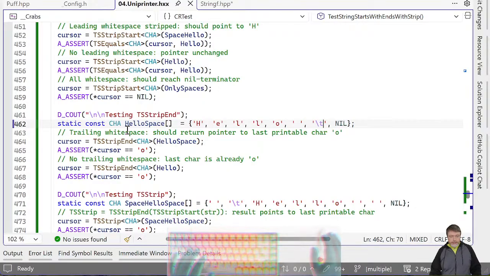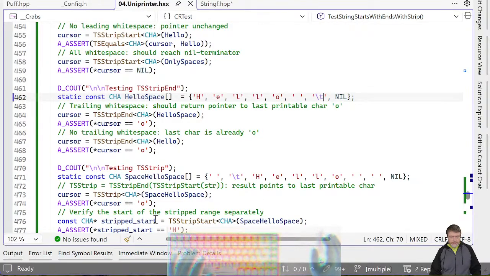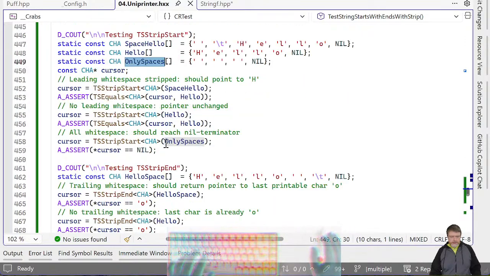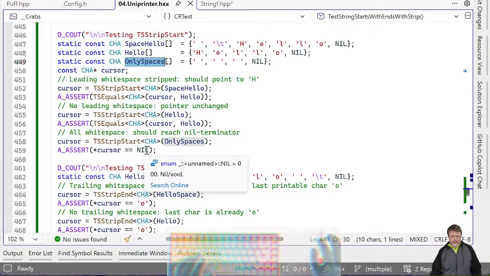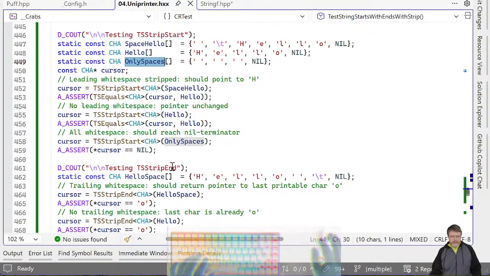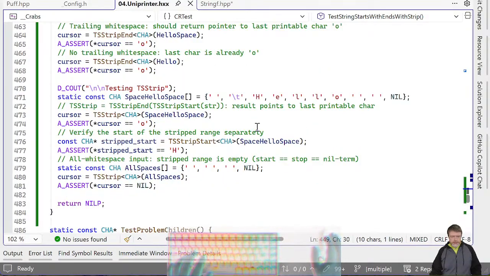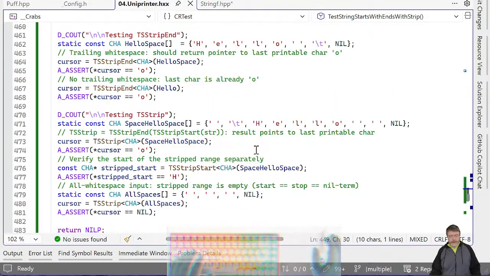And so what is the only spaces one? Where does it use this? Strip. No. So that's the behavior I'm expecting? Cursor equals no. Okay. Sure. All right. Yeah, because it's supposed to return right here. All right. Sure. I mean, yeah, I'm very thankful to have this.